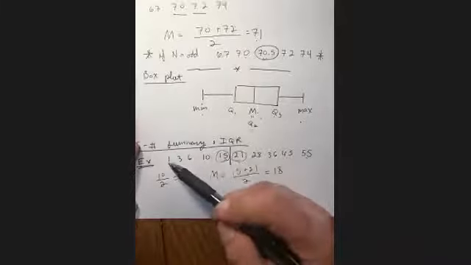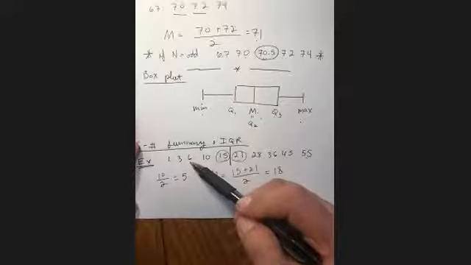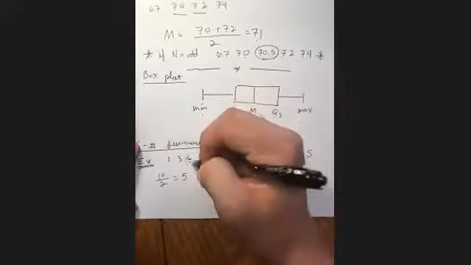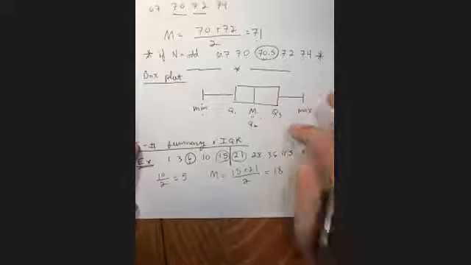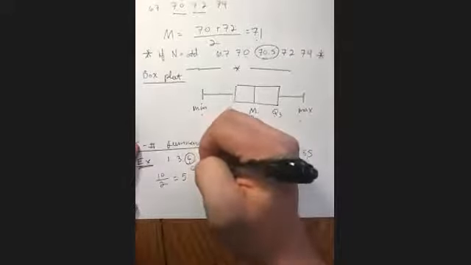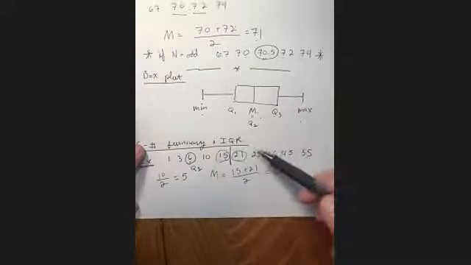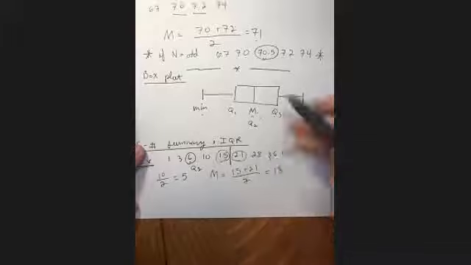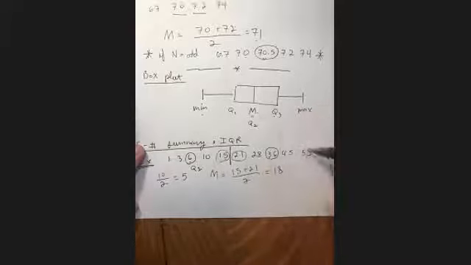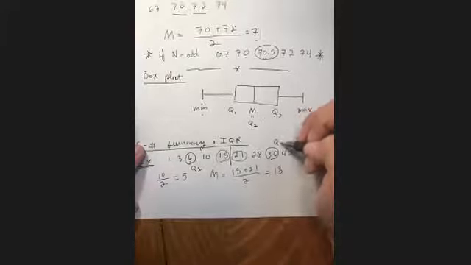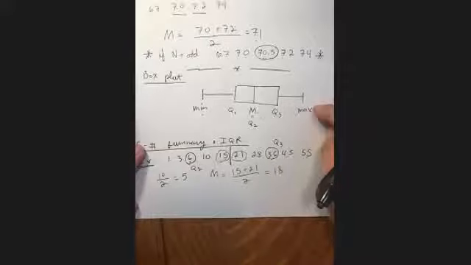So here we just go 1, 2, 3, and that third data point must be the middle of the lower half, and that gives us the first quartile. Likewise, with the upper half, we count up to the third, and that's 36, and that splits the upper half into two halves. So that must be the third quartile.